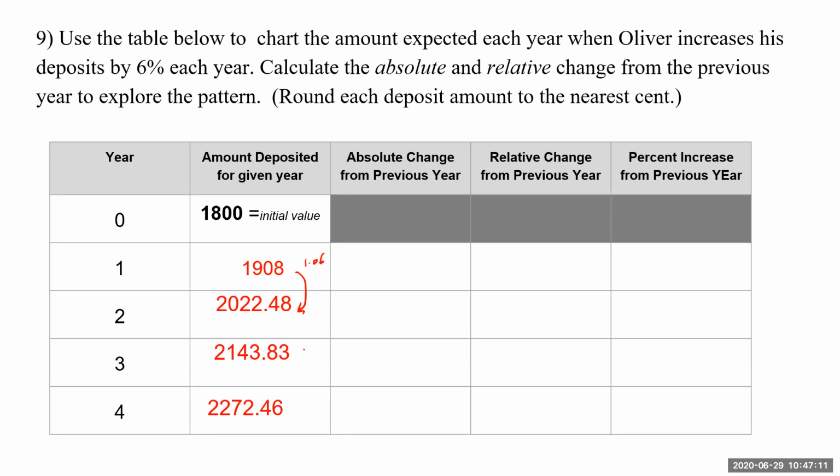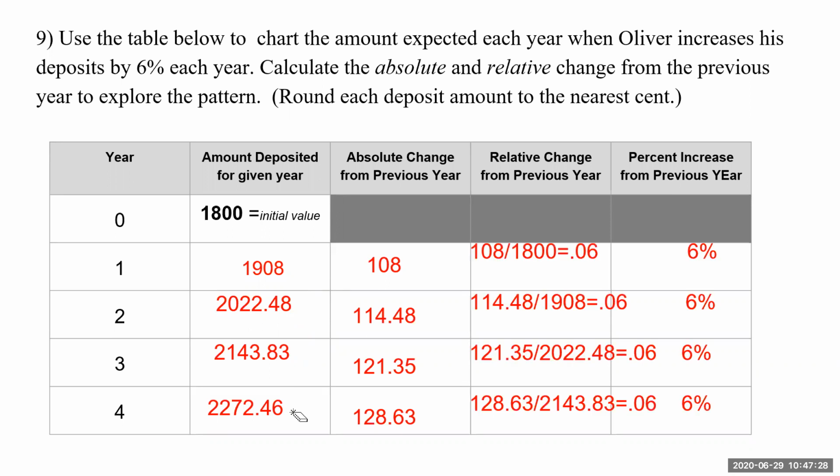To find the third year, we have to multiply this amount by 1.06. And it goes on and on and on. Is that okay? So that is how this happens. And what do you see? Now you realize that absolute change has varied and relative change stays the same.